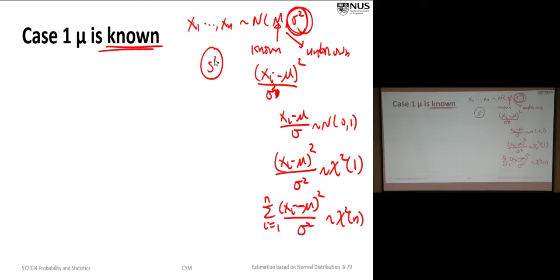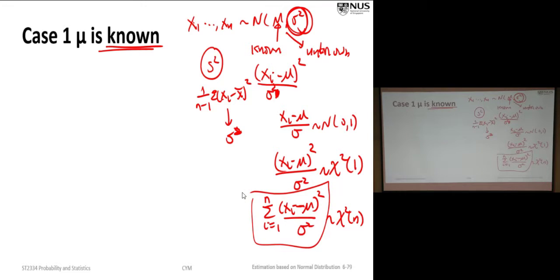I want to construct something similar to the sample variance, which is used to estimate sigma square in this form, except that now I have more information. I know what mu is. So instead of using x bar, I replace it by mu. Why do I have to do that? Sample variance is inferior compared with this quantity.